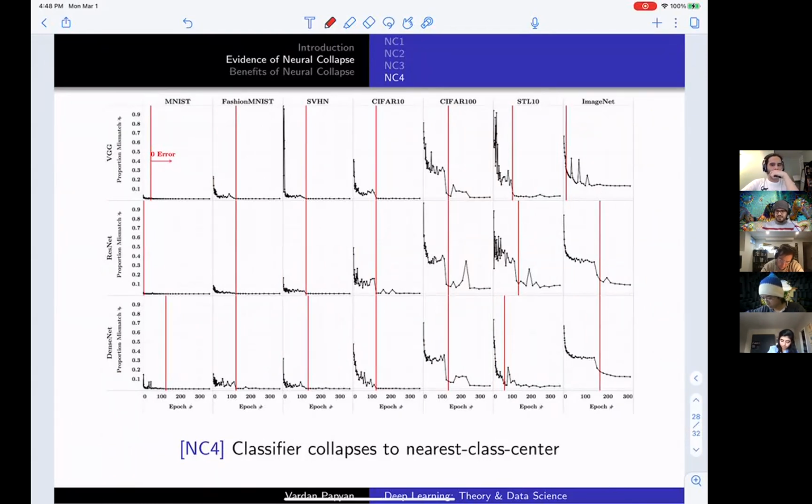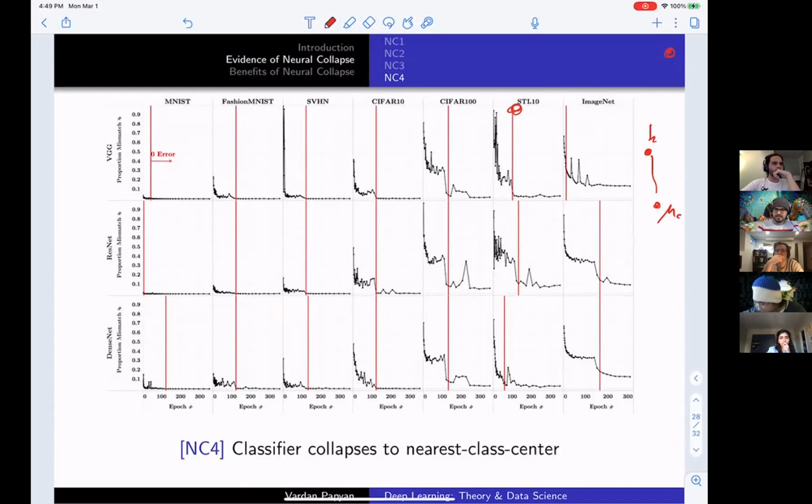So the nearest class center algorithm would take the last layer features and calculate which class is closest in terms of class mean to that feature. So you take a certain H and you look for which class, let's say this is one class mean and this is another class mean and this is another. So you say, okay, this is mu C, H is closest to it, therefore H belongs to class C, right? This is one way of predicting the class.